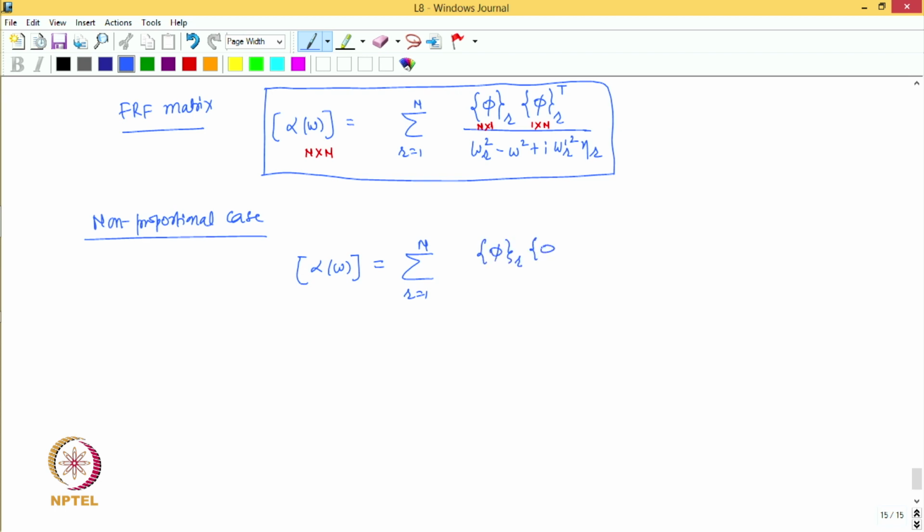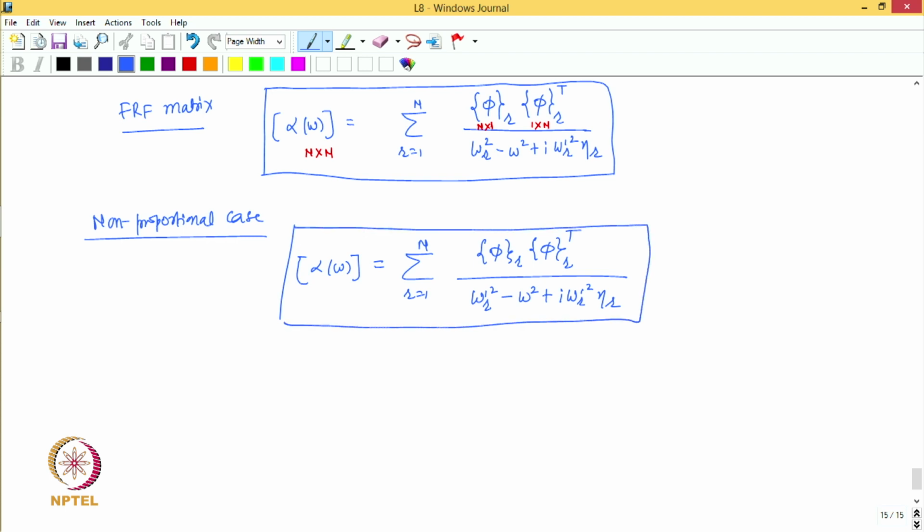So the FRF matrix is the summation of phi r phi r transpose divided by omega r dash square minus omega square plus i omega r dash square eta r. This is the FRF matrix for the non-proportional case.